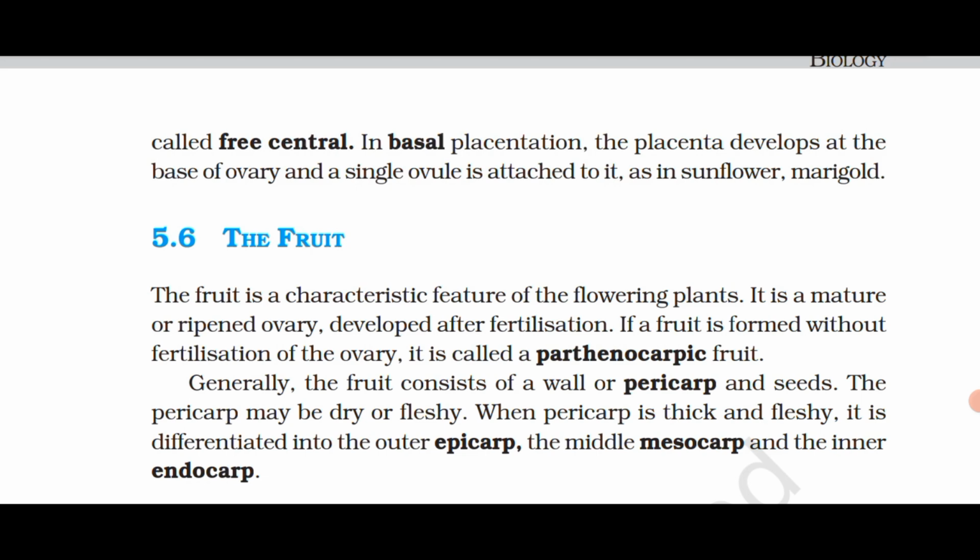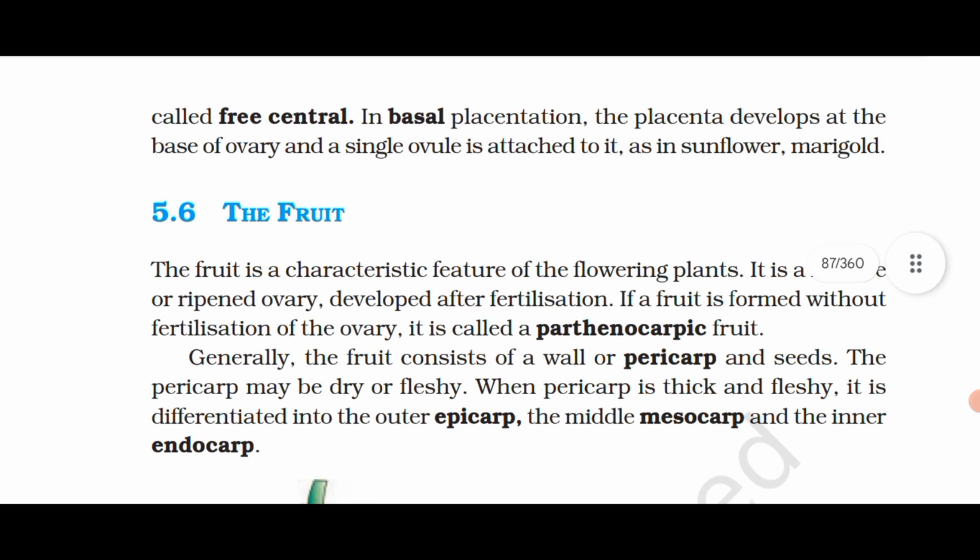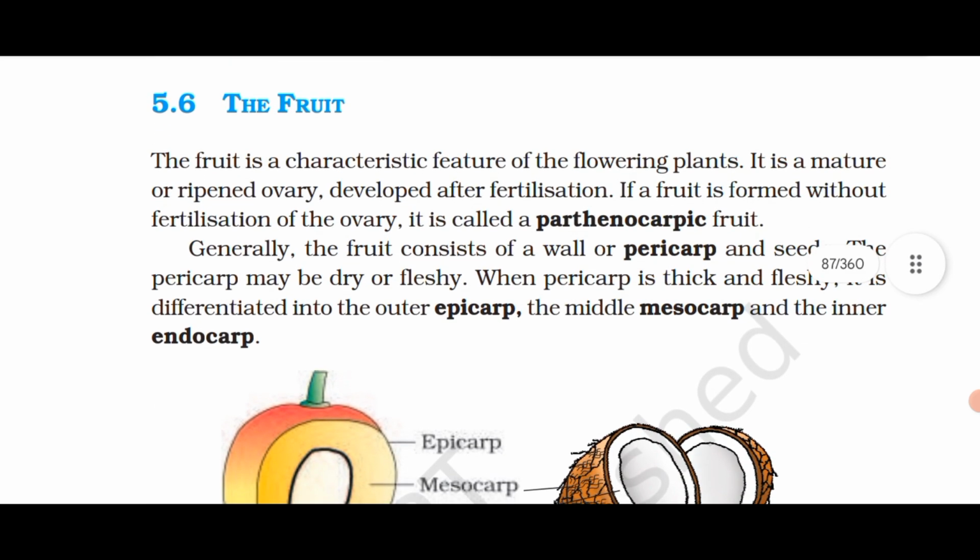5.6 The fruit. The fruit is a characteristic feature of the flowering plants. It is a mature or ripened ovary developed after fertilization. If a fruit is formed without fertilization of the ovary, it is called a parthenocarpic fruit.